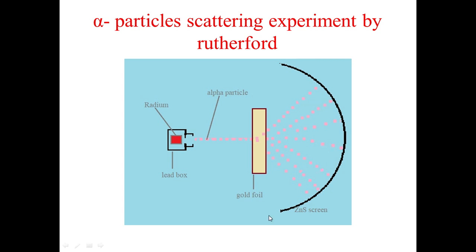Their path can be estimated by putting a semicircular layer polished with ZnS, zinc sulfide, because this layer shows fluorescence when positively charged alpha particles strike the surface. That means they show luminescence, that means they show brightness. So this is all about the Rutherford alpha scattering experiment.